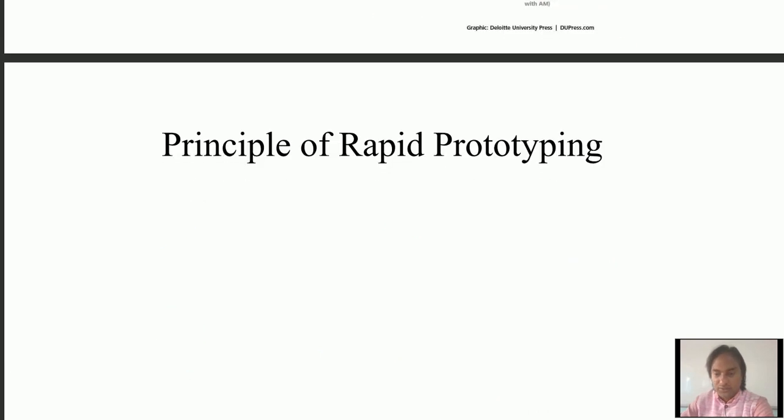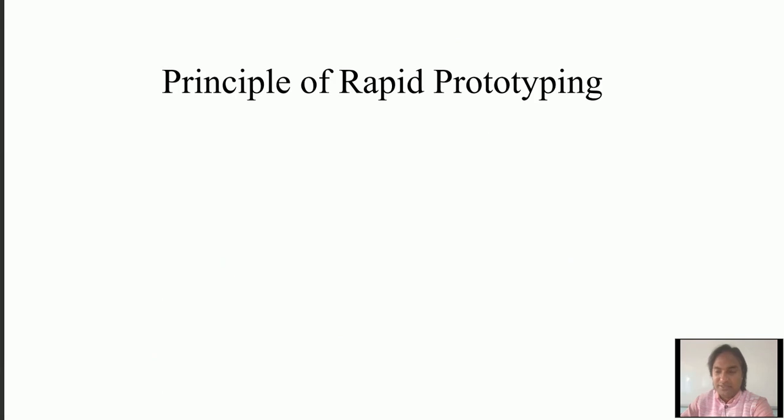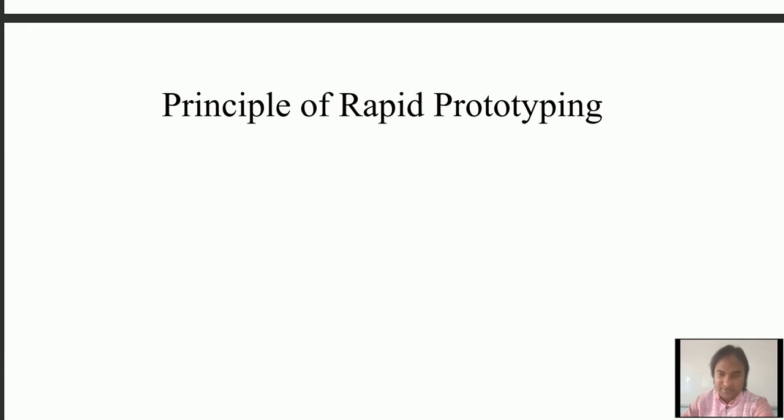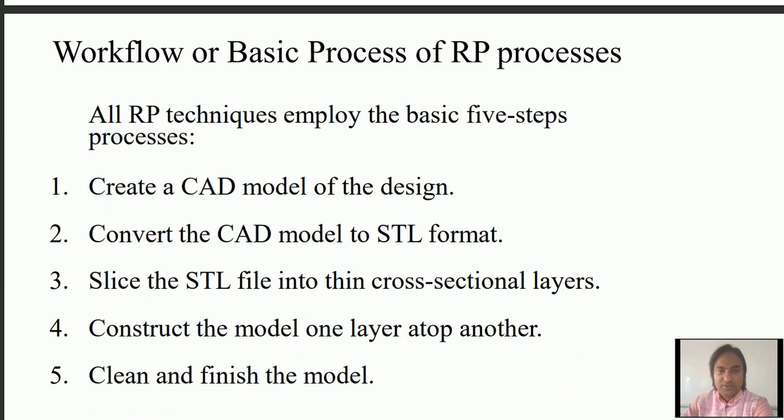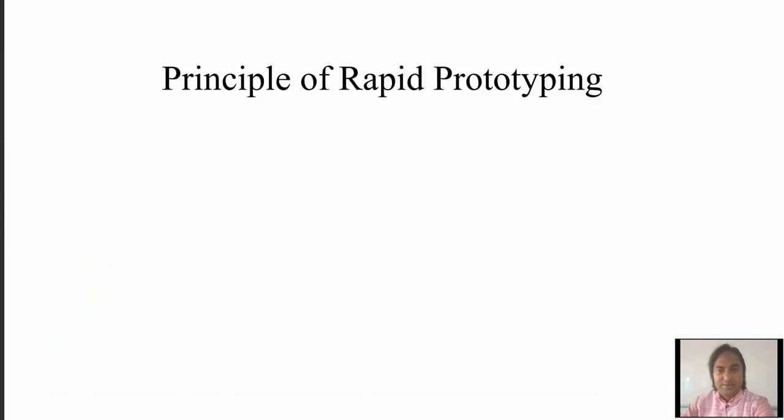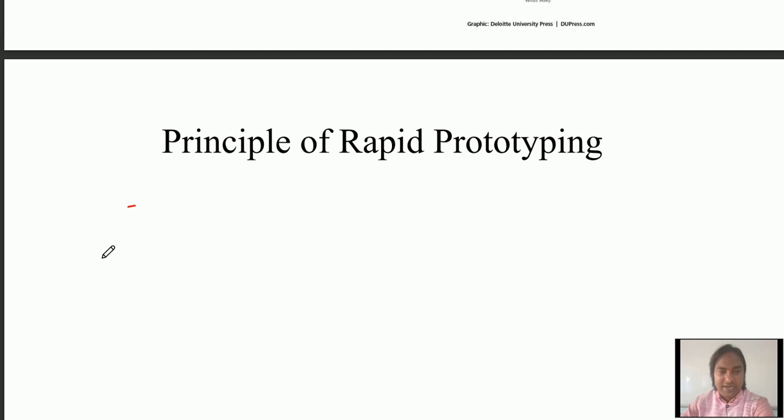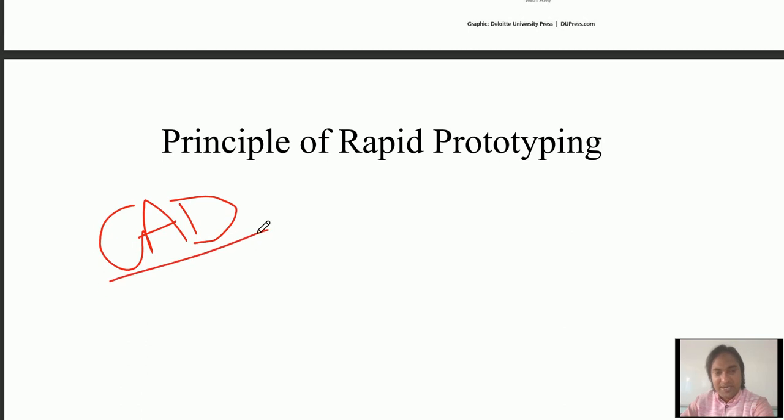So what is the principle of rapid prototyping? Rapid prototyping, especially in 3D printing, involves these five stages. First, a CAD model is prepared, that is, a computer design is prepared, and then we convert it to an .stl file.